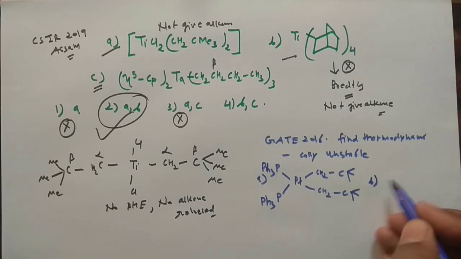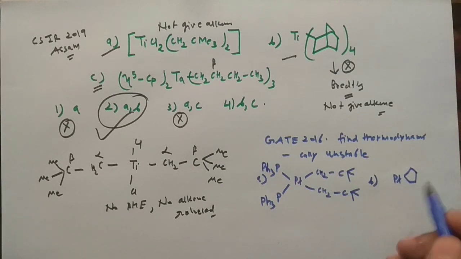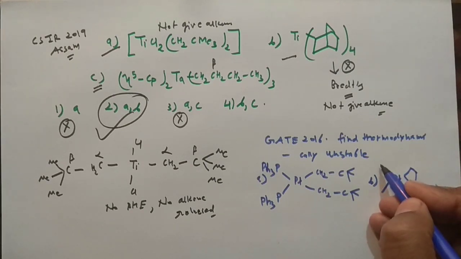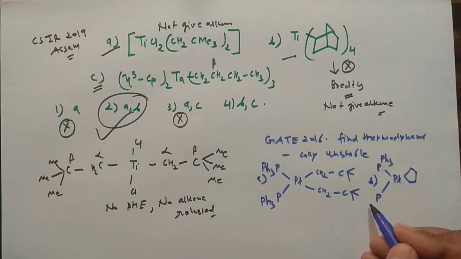I can write B: Pt, and a 5-membered ring is over there, and this is PPh3. This is also PPh3.